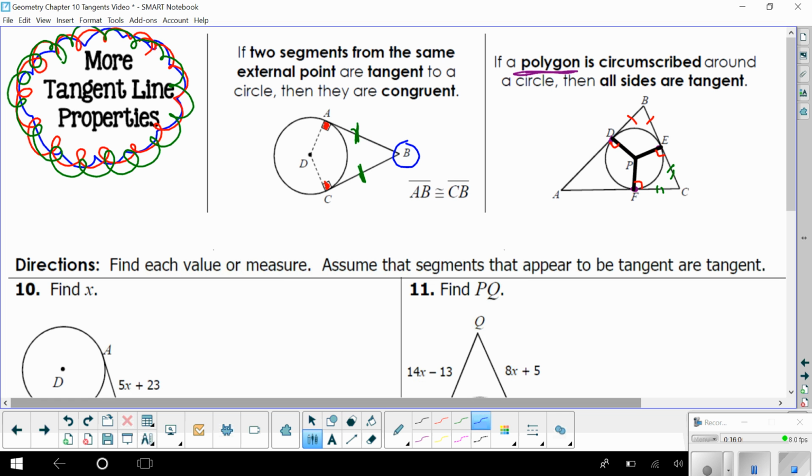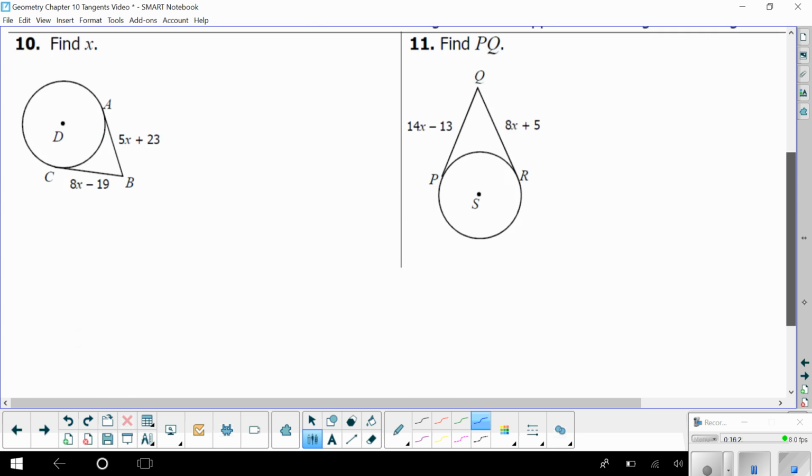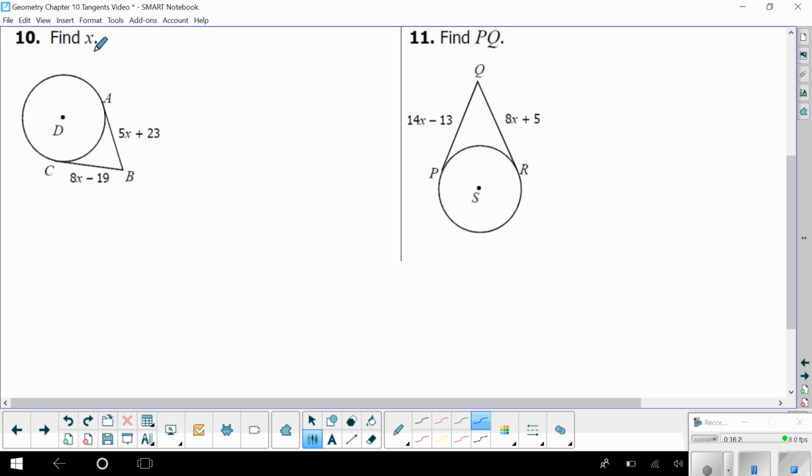And then those are congruent. So because of this over here, using this, you can get information over here. Okay, so looking at this one, finding x here.